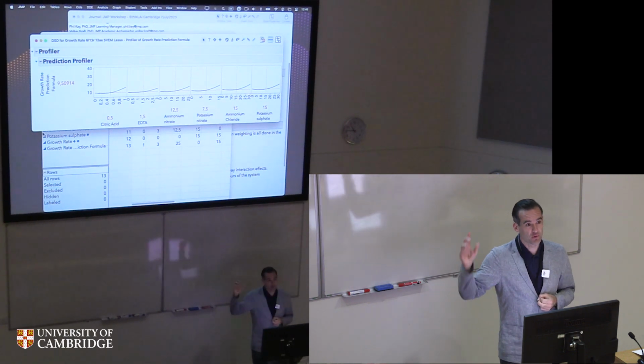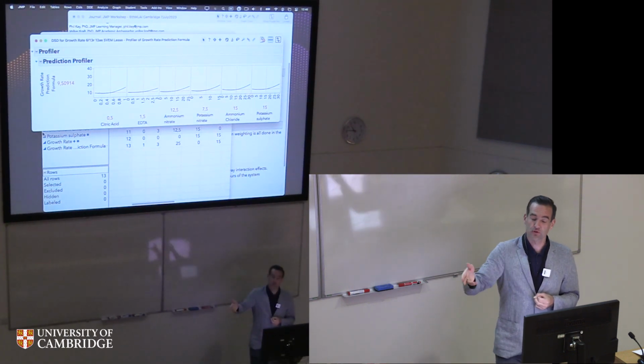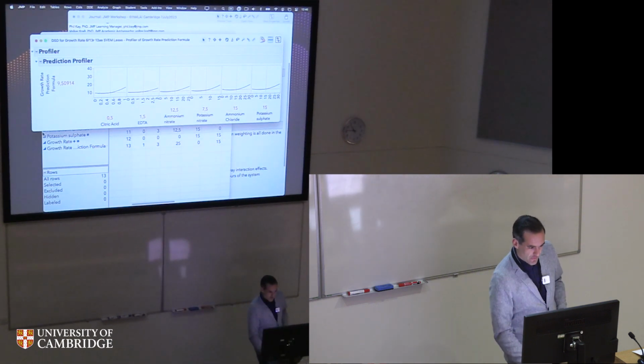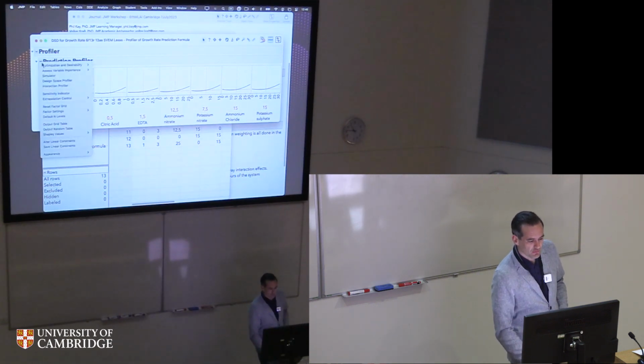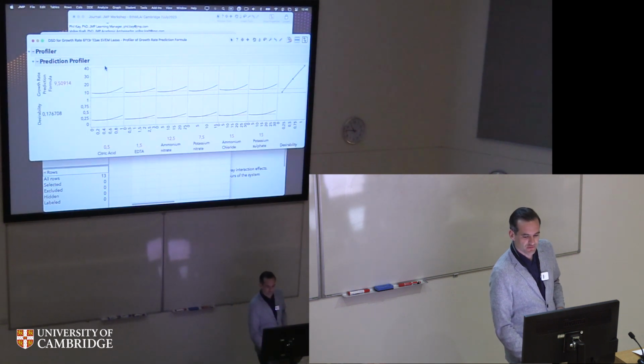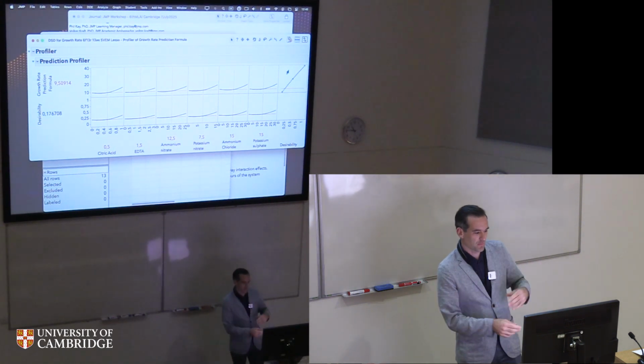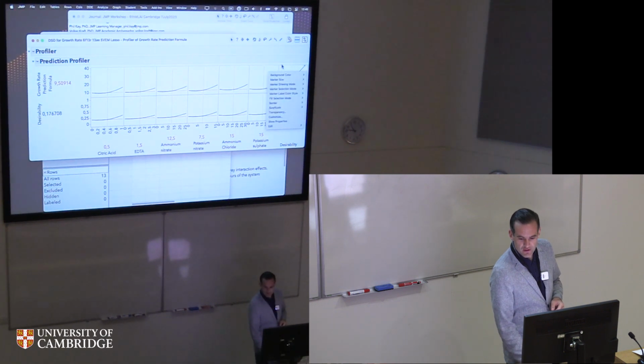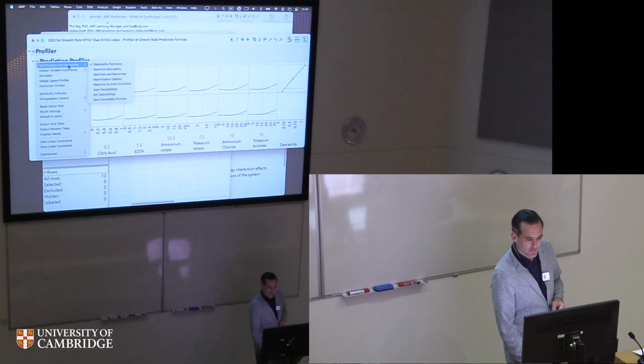So from any of these prediction profiler visuals, so Volker showed these as well for decision trees and for neural nets, with any of those, you're able to go in and specify desirability functions. And by default, it just assumes that each response is something that you want to maximize. But if you didn't want to maximize it, then you can actually set the desirabilities.